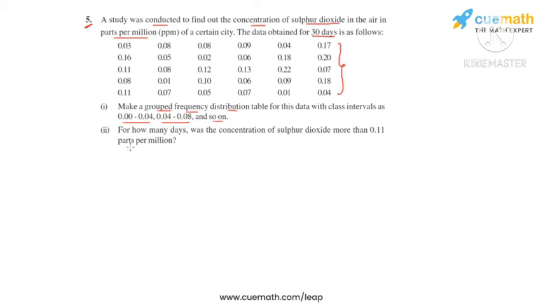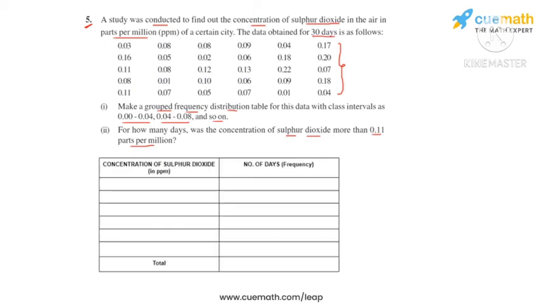And then we have to find for how many days the concentration of sulfur dioxide was more than 0.11 parts per million. We will first draw a grouped frequency distribution table. So we start with the class interval 0.00 to 0.04 as given in the question, and with a class size of 0.04 we construct the other classes as well.